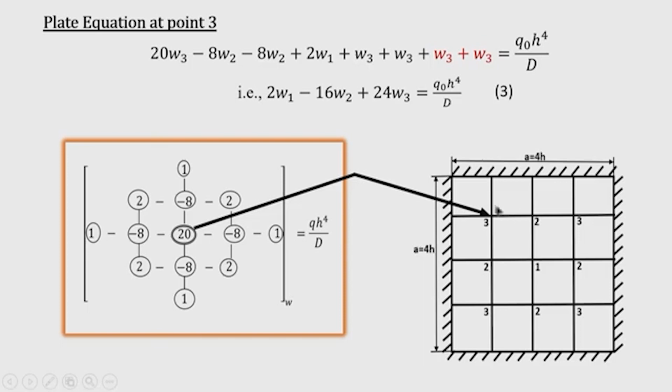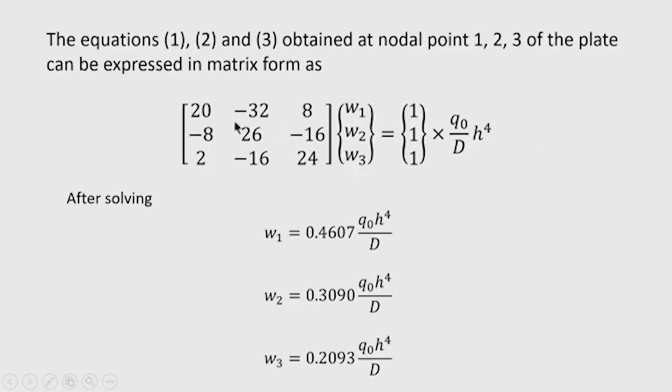Because of symmetry we get this advantage, and now solving these equations by any method, this can be expressed in matrix form like that: 20, minus 32, 8; minus 8, 26, minus 16; 2, minus 16, 24. This is a 3 by 3 coefficient matrix, and the unknown vector is W 1, W 2, W 3, and this is the right hand side. After solving we get W 1, W 2, W 3 as this.